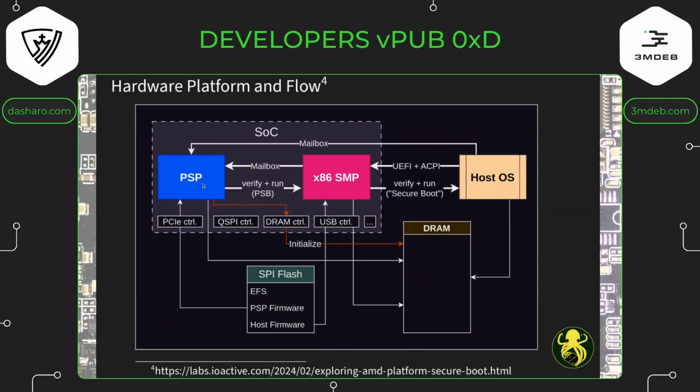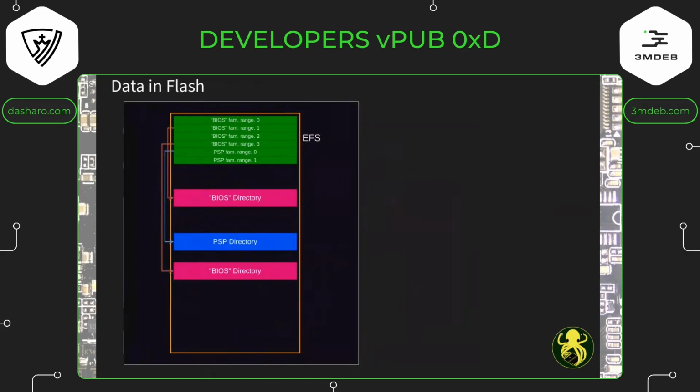And now the interesting part, and that is what we're going to look at: on your mainboard, you would have a SPI flash which contains the firmware for both sides, the PSP part and the x86 part. And to look at that in detail, let's zoom in a bit.